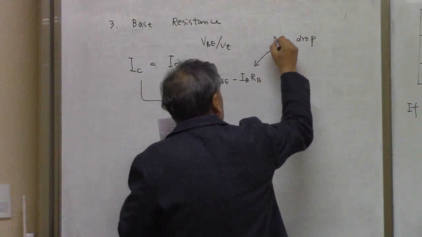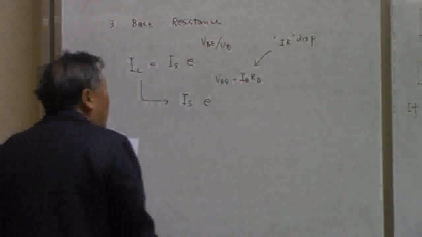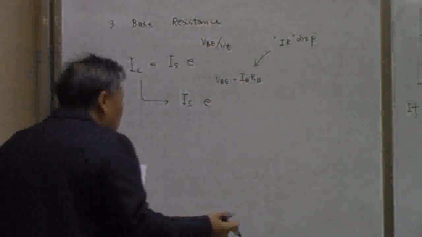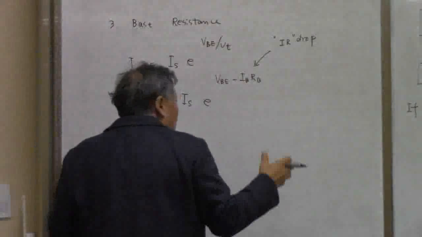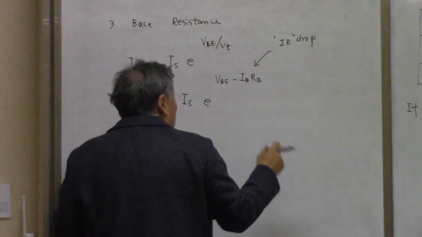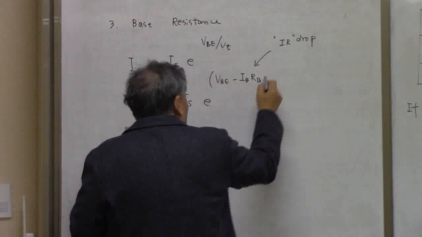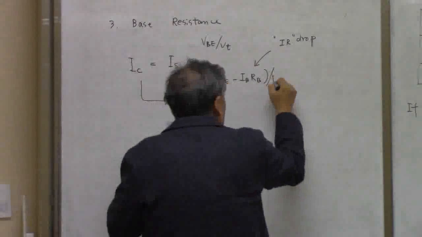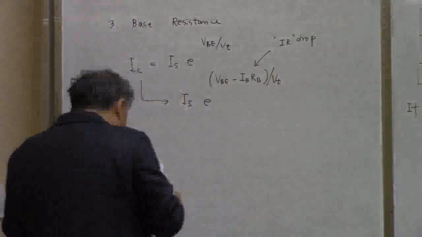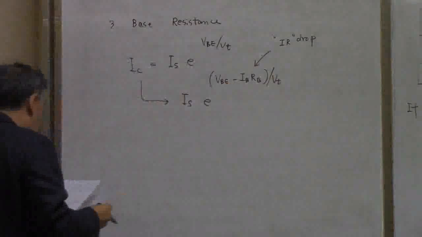The IR is a voltage, right? So if you have a resistance of the base, then the voltage that we apply between the emitter and base is going to be decreased by this amount. So the equation has to be changed to this.